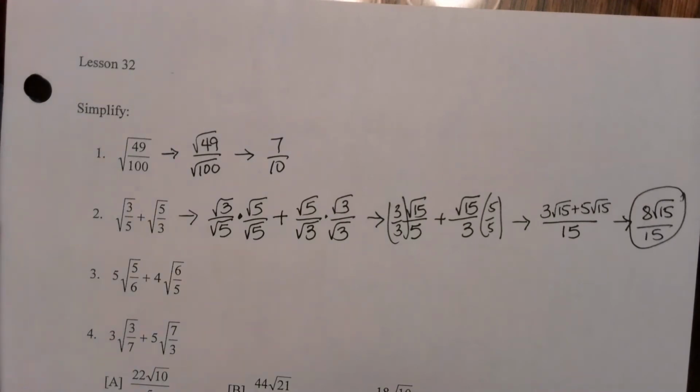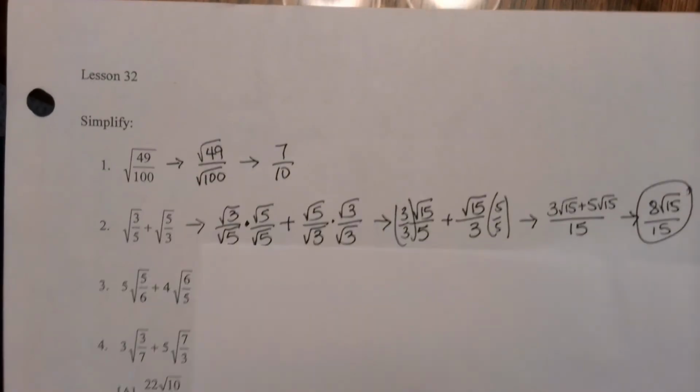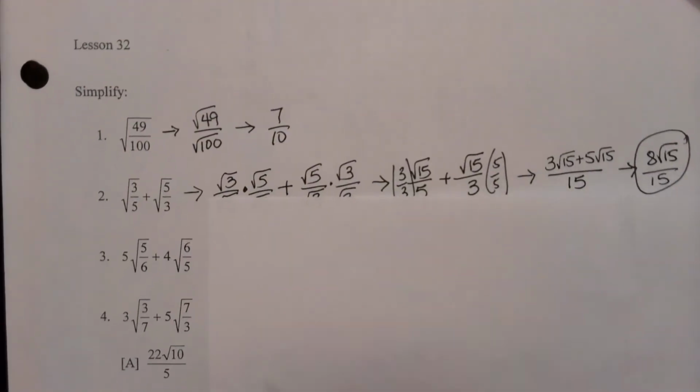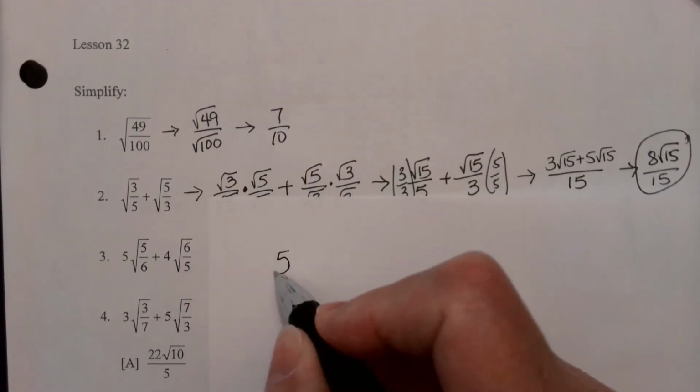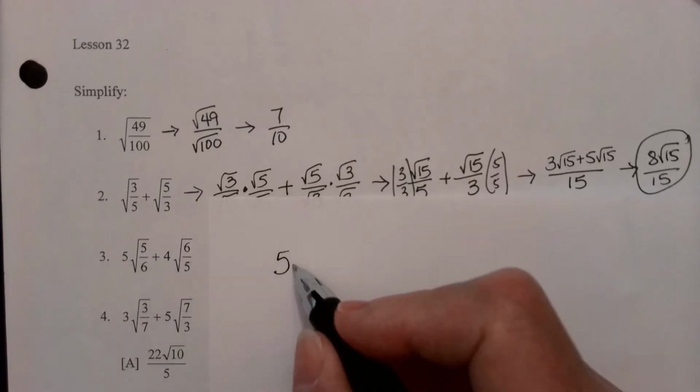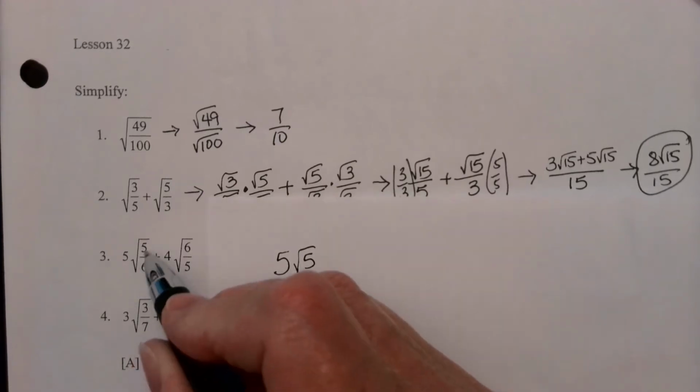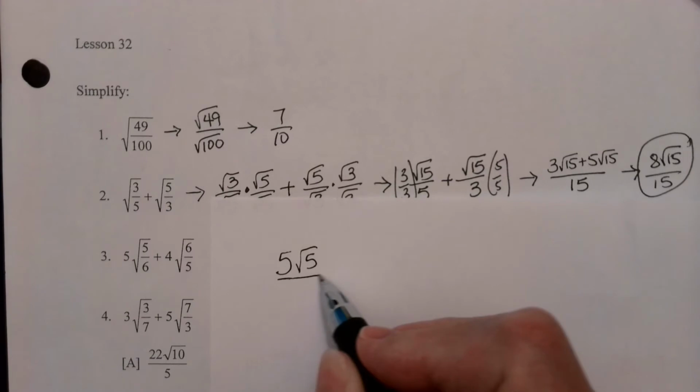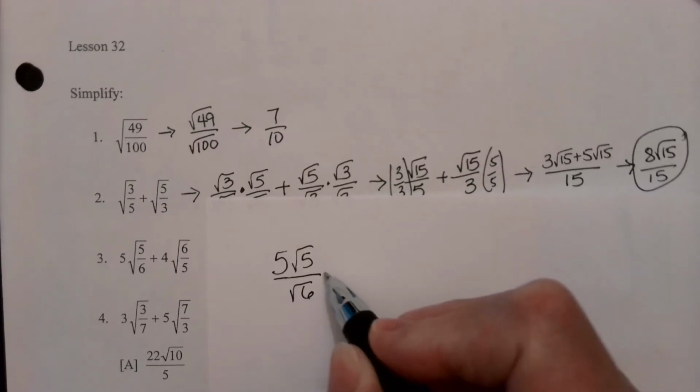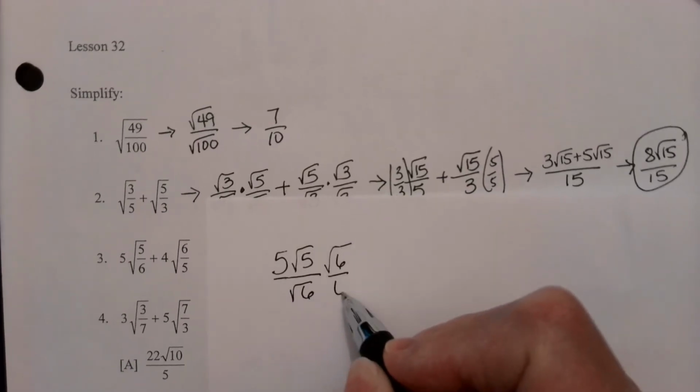Okay, so let's do the next one. Now, the next one's going to take a little bit more room, so I'm going to use another sheet of paper for that, just so you can see a little bit clearer. So I'm going to say 5, and then I'm going to split these up. Square root of 5. Remember, this 5 is in the numerator. It's like 5 over 1, so I'm going to put the square root of 6 here. And then I'm going to multiply it by the square root of 6.